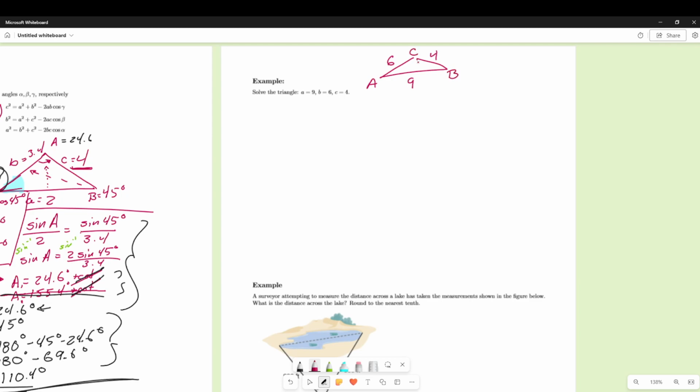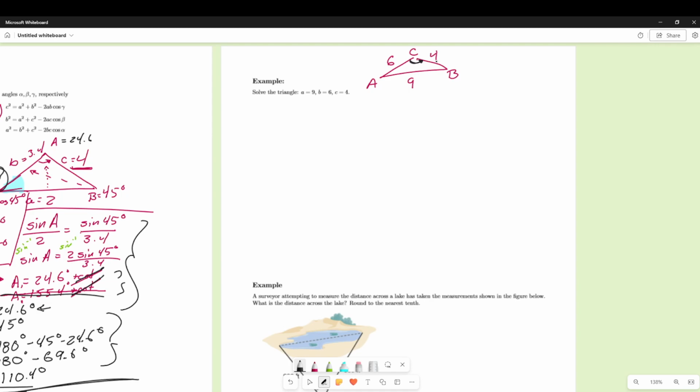And again, we kind of want to think about which angle has the risk of being obtuse. The only one that's at risk of being obtuse is angle C. That doesn't mean we need to be afraid of angle C. That just means we don't want to use law of sines to find angle C. We either want to use law of cosines to find angle C first, or use the sum of the angles equaling 180 to find angle C last.